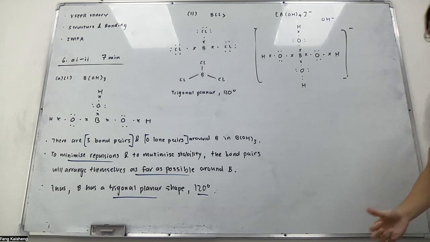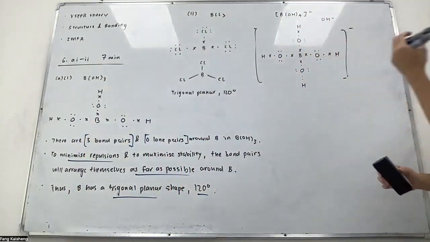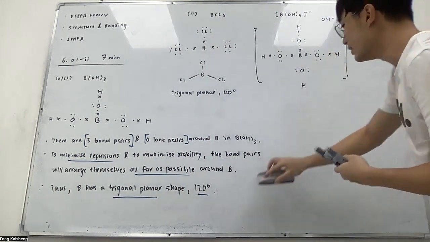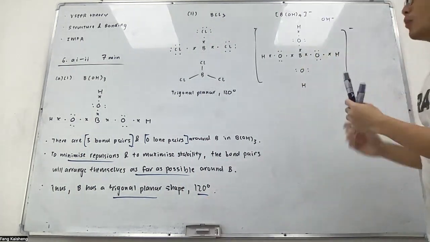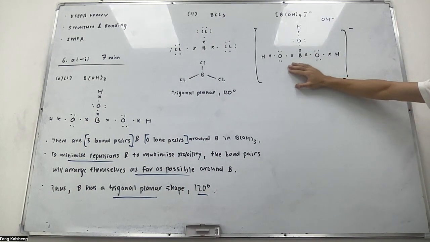But the reason why this is wrong is because you have to understand it's actually OH minus existing as a species first. And then OH minus comes in to donate to boron here. After all, you all notice boron currently has how many valence electrons in total? In total is 6, right? And 6 means it has a what?